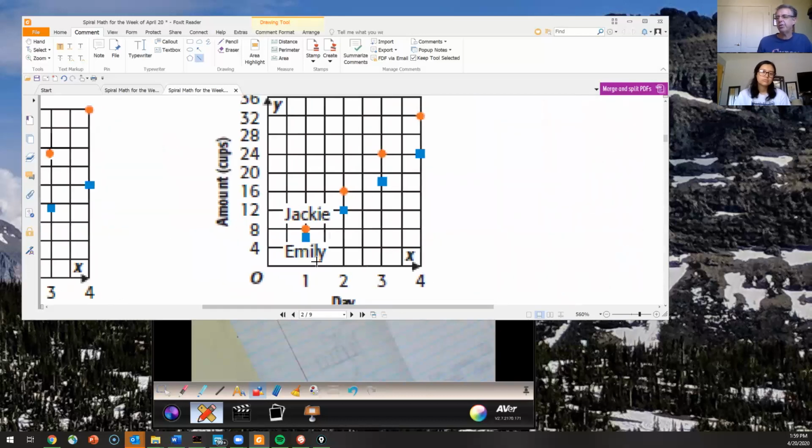Well, this one, Emily's right about where she's supposed to be, 6 cups of water on day 1. And then Jackie's drinking 8 cups of water on day 1, so that makes sense. Jackie should be going 8 on the first day, 16 on the second, 24 on the third, and 32 on the fourth, because 8 times 1, 8 times 2, 8 times 3, 8 times 4.